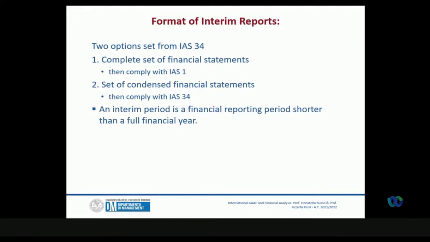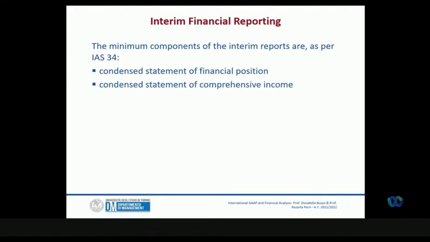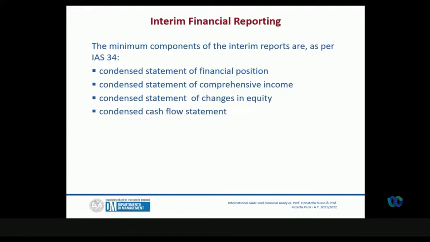Remember that an interim period is a financial reporting period that is shorter than a full financial year. The minimum components and items that we need to show in the condensed financial statements are a summarized statement of financial position, a summarized statement of comprehensive income, a summarized statement of changes in equity, and a summarized cash flow statement.